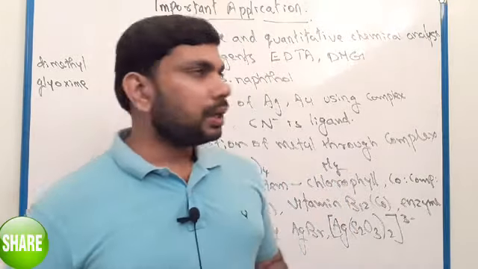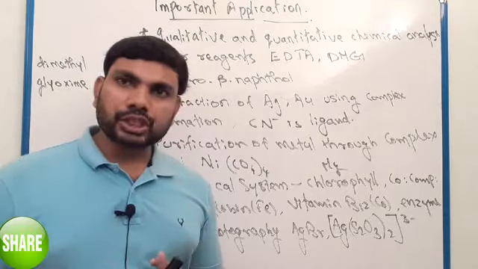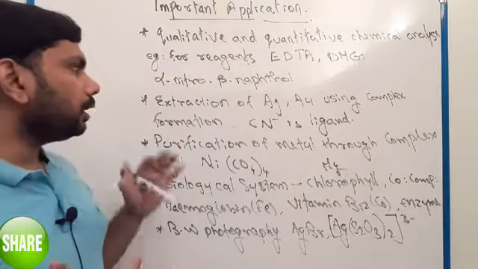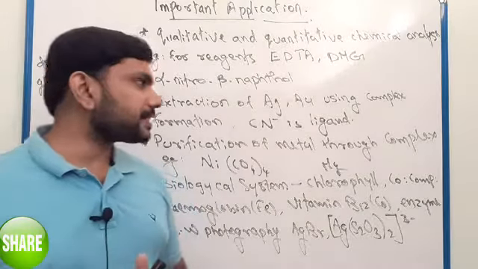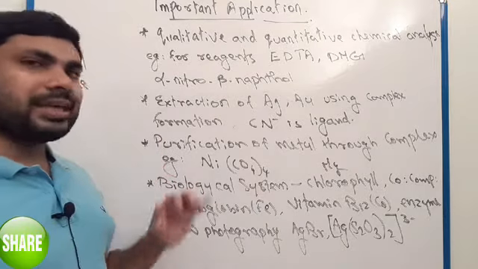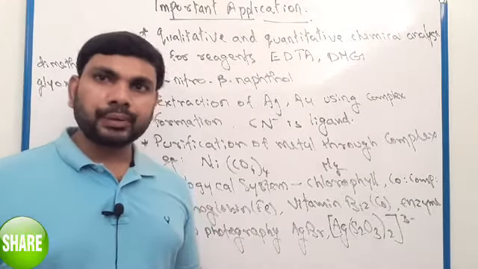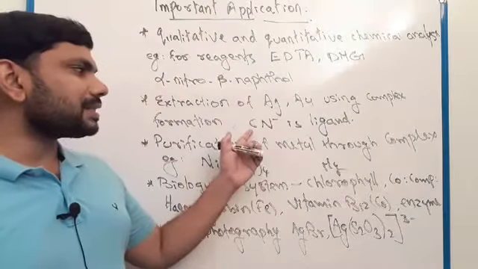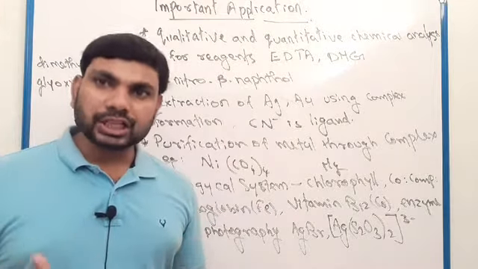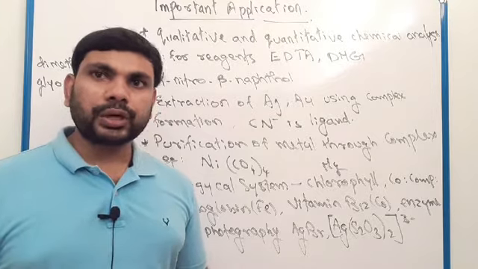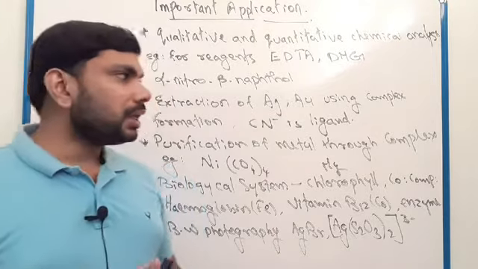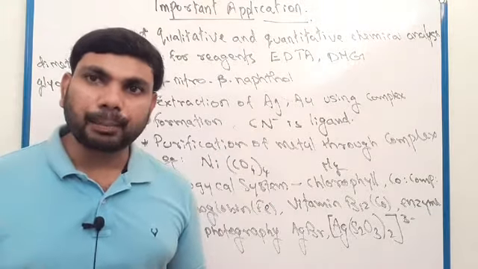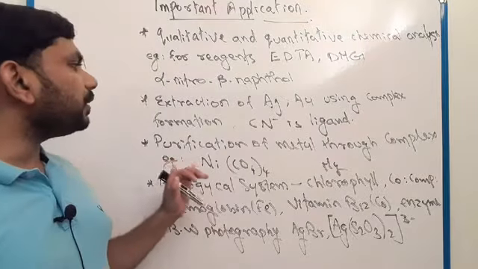During extraction or purification of metals we also use some coordination compounds. For example, during extraction of silver and gold we use CN- as a ligand, and it forms a coordination compound with silver and gold. Clear?